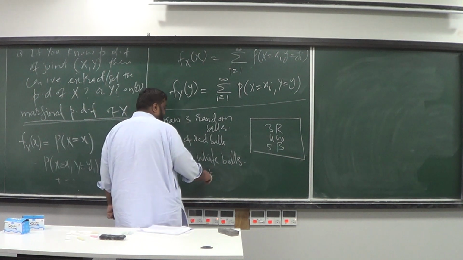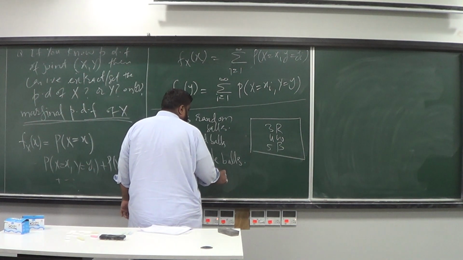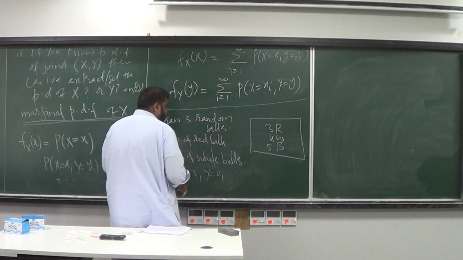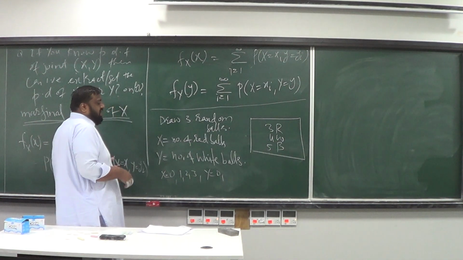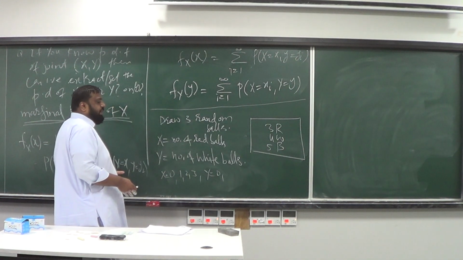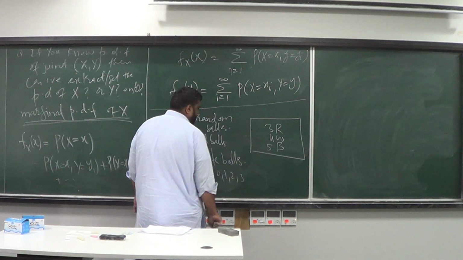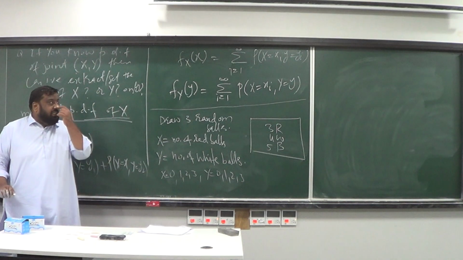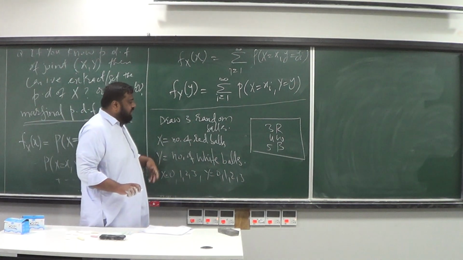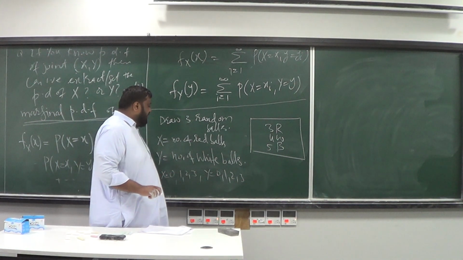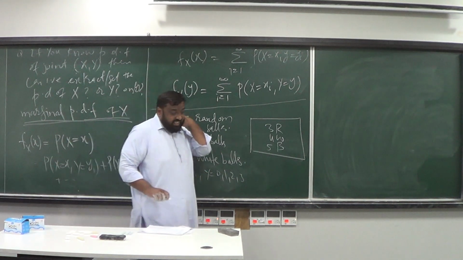It can take 0 white balls, 1 white ball, 2 white balls, or at most 3 white balls. Okay. So I am interested in computing the joint PDF of these random variables X and Y.